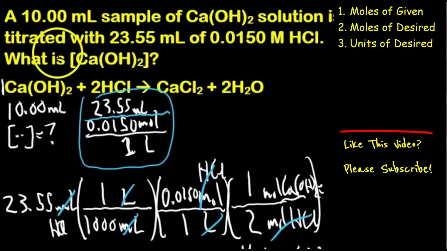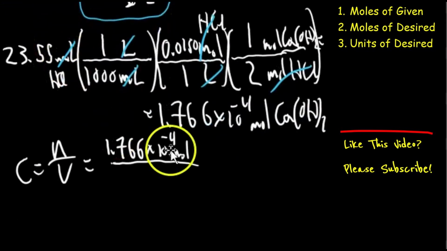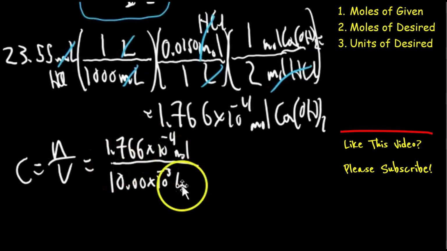So this should say what is the original concentration of calcium hydroxide. Anyways, there's this many moles in 10 mL. Again, we need to convert milliliters to liters by dividing by 1,000. So we'll just say 10.00 times 10 to the negative 3 liters. Hope that's okay. Let me know if that doesn't make sense.